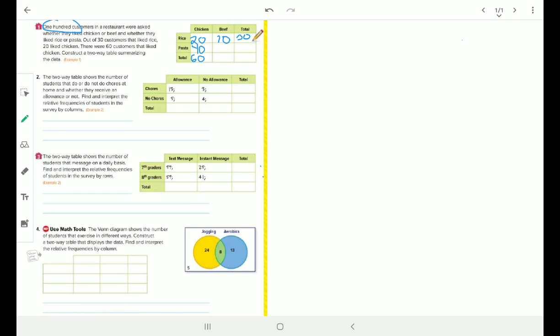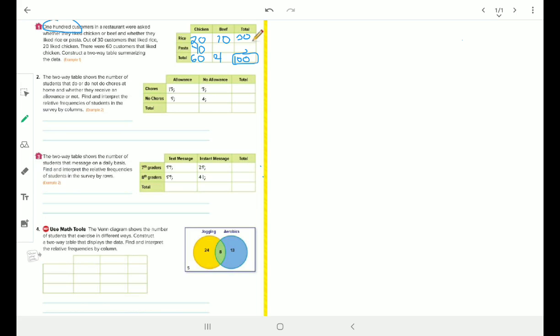It seems like we have everything put down, but if we look back at the beginning, remember we said there were 100 customers surveyed total. So this box here at the end, the bottom right, notice that's the total column. The total, we said, was 100. And that will help us fill in the missing pieces. So 60 plus what is 100?